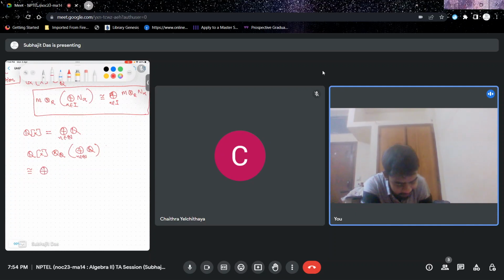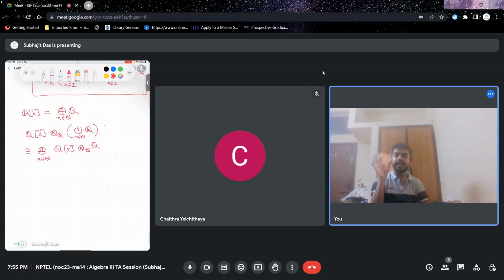So this can be written as direct sum over n in N of Qx tensored over Q with Q. Now you know that if A is a ring and M is an A module, M tensored over A with A is just M. So this is just isomorphic to direct sum over n in natural numbers of copies of Qx, right? Isn't it?